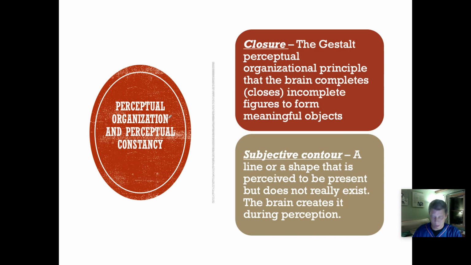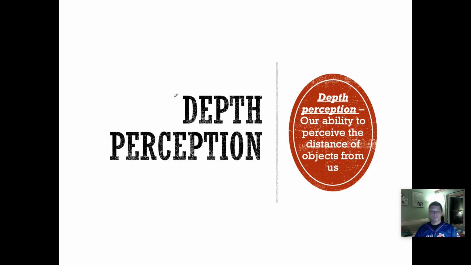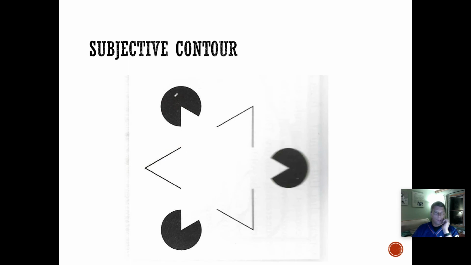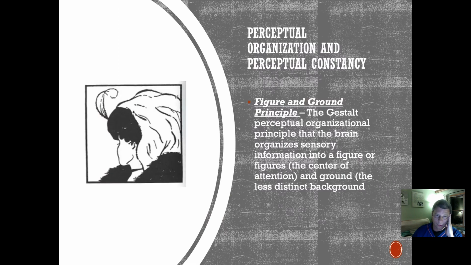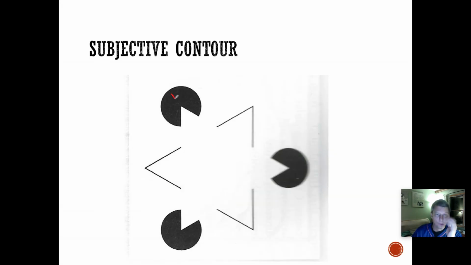Up here, you've got a little shape that looks like a Pac-Man, and another one down here, and another one down here, right? And this is the mouth of Pac-Man.